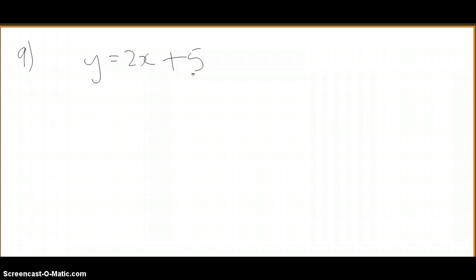So if you think about your x, did 5 get added to you first, or did 2 get multiplied to you first? The answer is, 2 was multiplied to you, and then 5 was added. That was the order things happened. So you have to reverse that order.